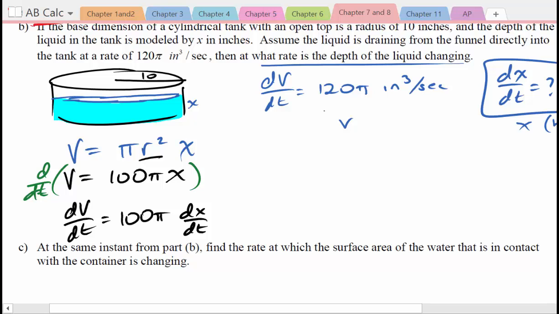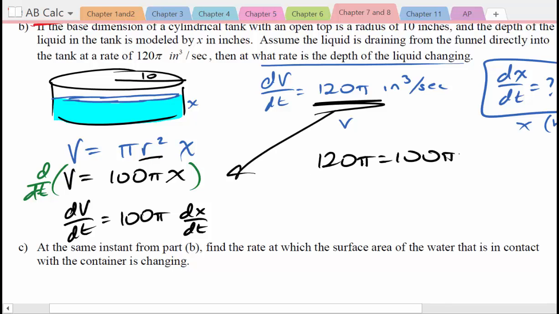I plug in dV/dt from over here, and I solve, so I get 120 pi equals 100 pi dx/dt. Therefore, dx/dt equals 6/5 inches per second.